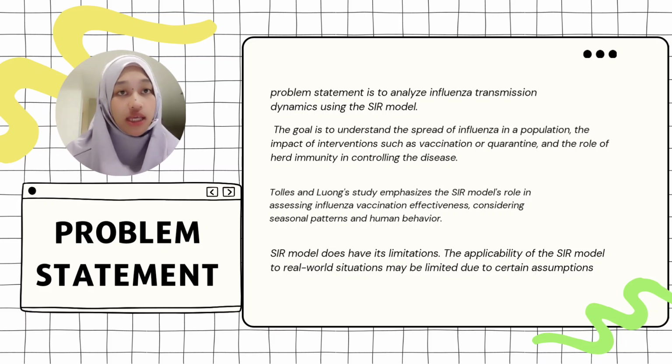The Tolles and Luong study emphasized the SIR model's role in assessing influenza vaccination effectiveness, considering seasonal patterns and human behavior. The model informs decisions on interventions like school closures and antiviral treatments. However, this article underscores the SIR model's limitations and emphasizes the need for modification to enhance real-world applicability.